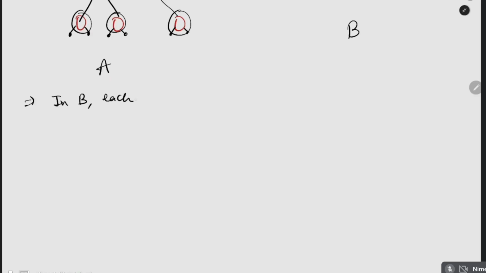In B, each node has two, three, or four children. Not less than that, not more than that.